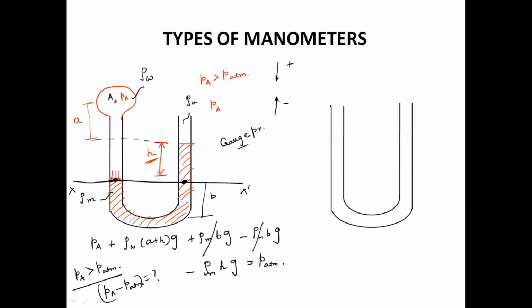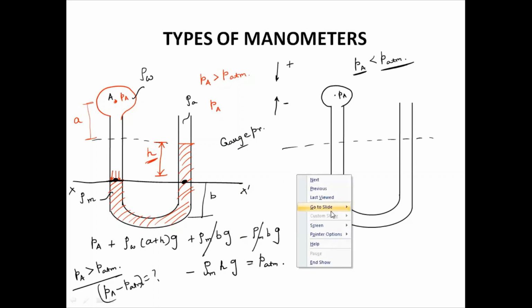Now we'll see how to get the vacuum pressure in the manometer. Let's take that here it is under vacuum. In this condition, PA is less than P atmospheric pressure, which means atmospheric pressure is more than this pressure. Initially, let's take both at the same level, the manometric fluid at the same level.